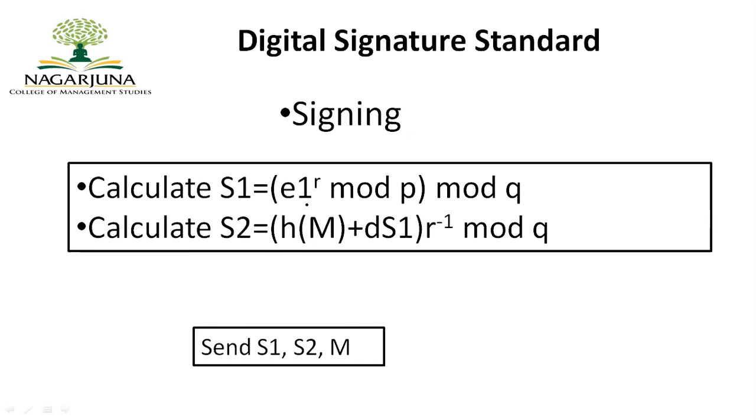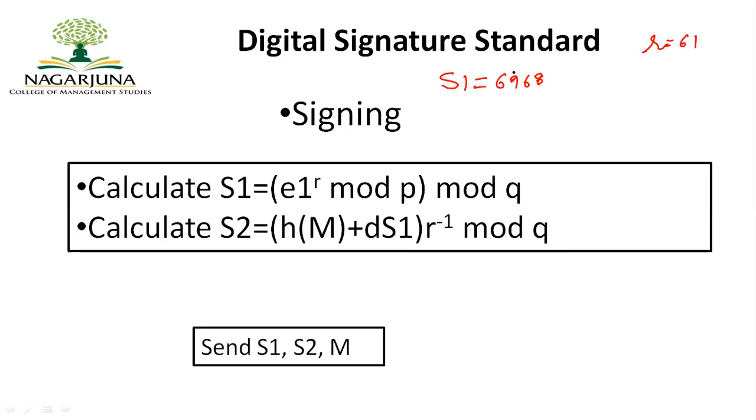Now we have E1. So first I have to calculate your S1. Before I calculate S2, I should first calculate S1. And we know the value of our E1 is 6968 to the power of R, where let me consider my R value as 61.